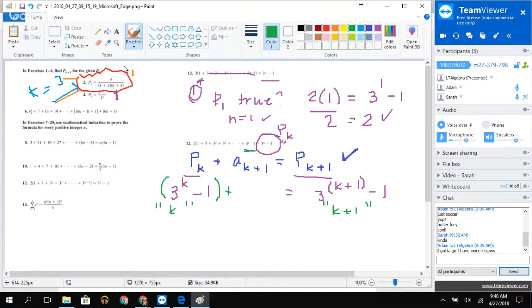So we have 2 times 3 to the n minus 1. Instead of n, we're going to put k plus 1 minus 1, and this is all in the exponent up here. And don't forget your 2 that's hanging out front here.